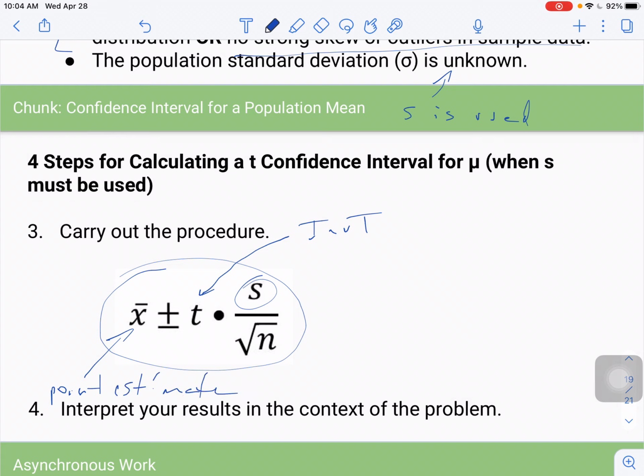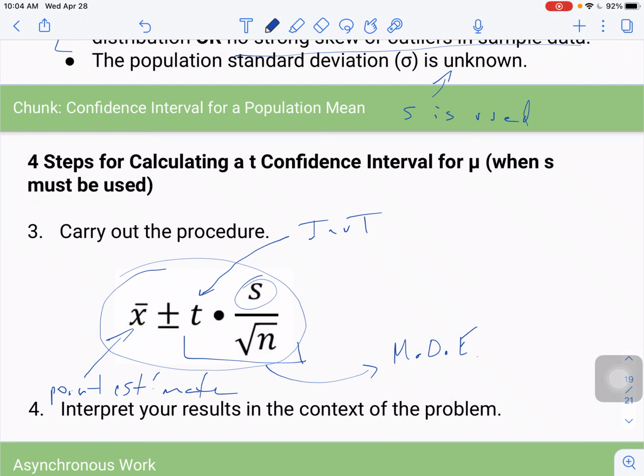And then everything after the plus or minus sign is our margin of error. So once you have that, then you interpret your results in the context of the problem. So I am blank percent confident the interval blank to blank captures the true mean of whatever you're measuring. Okay, so that would be step 4. So that basically gives you your 4-step process for the t interval for mu.